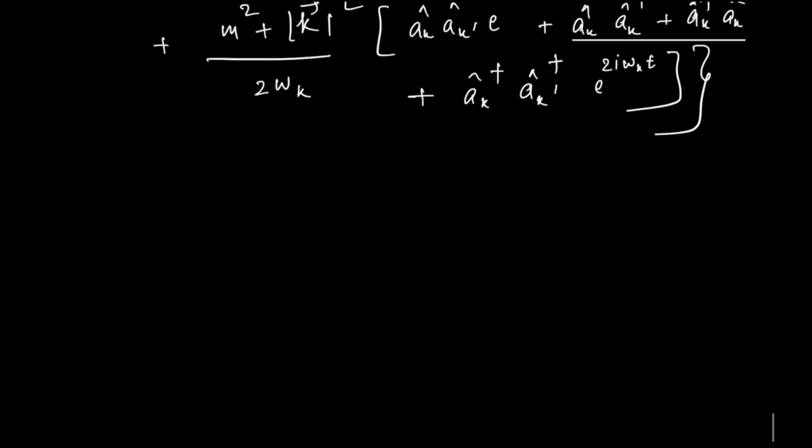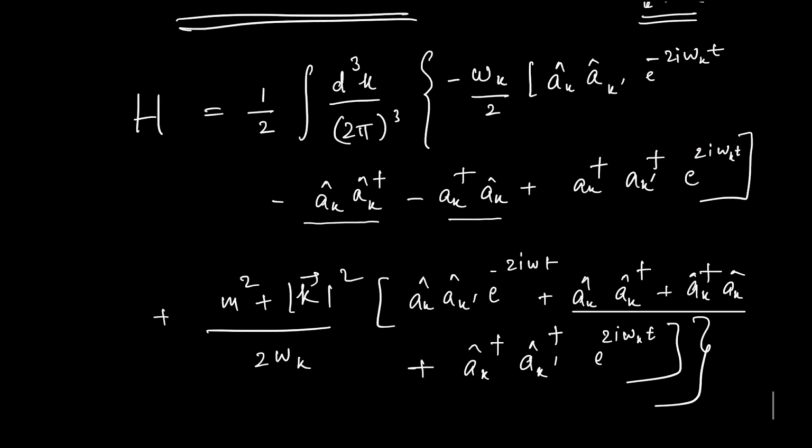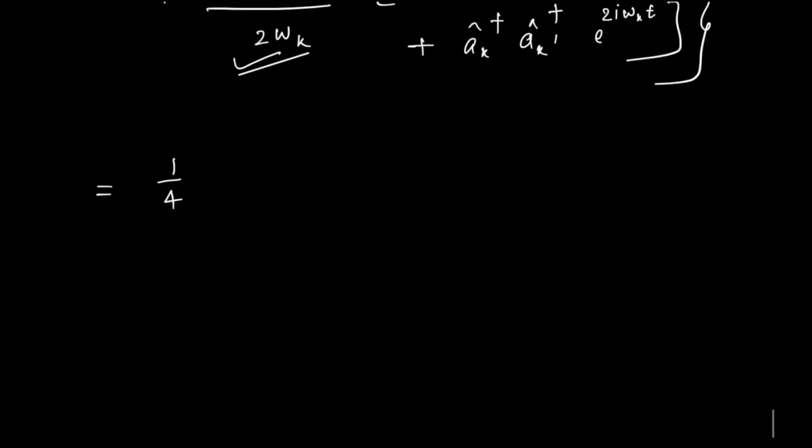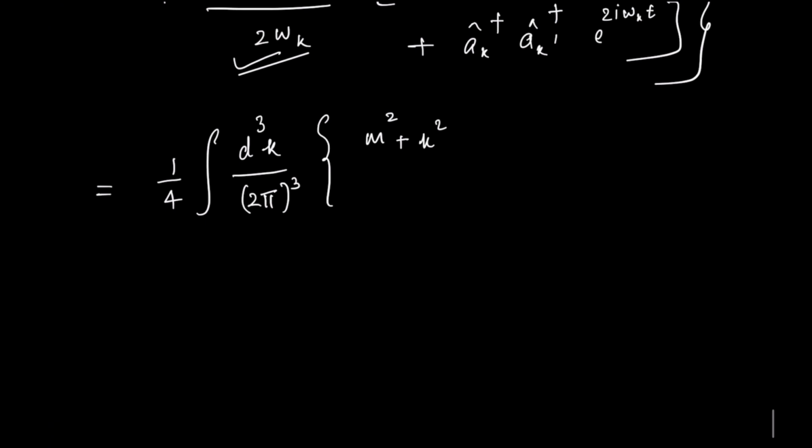Okay, so I can again rewrite and simplify this equation as 1 by 4, because I can take 1 by 2 from here and 1 by 2 from here, and already there is a 1 by 2 that is outside, so it will be 1 by 4. 1 by 4 integral of d cube k by 2 pi cube, m square plus k square minus omega k square by omega k.